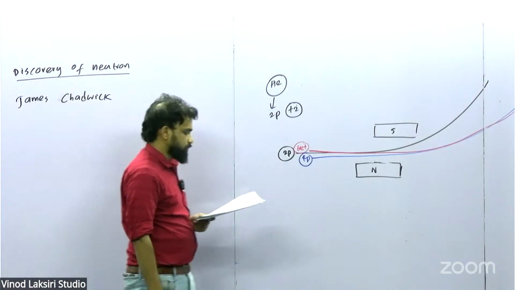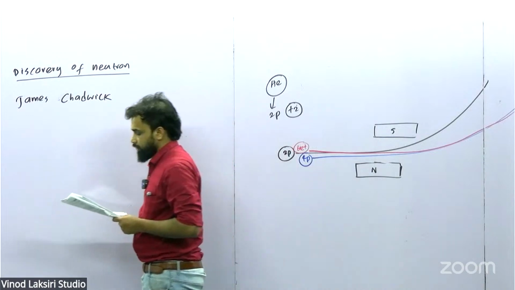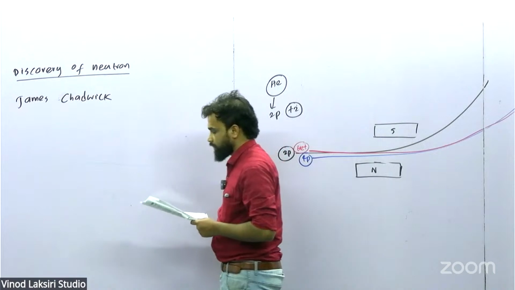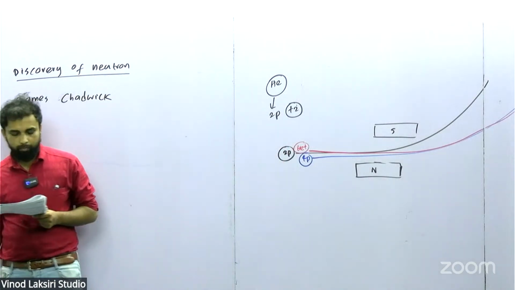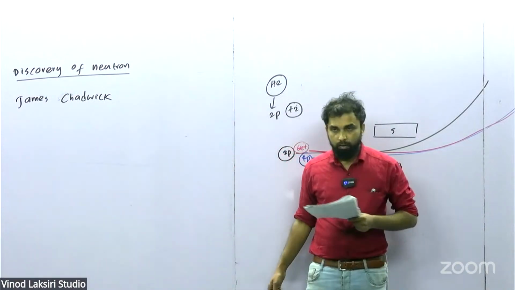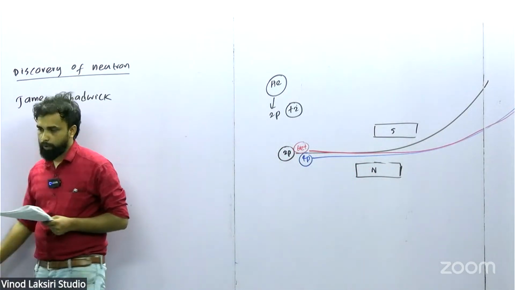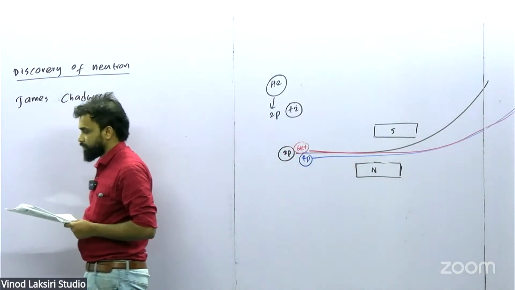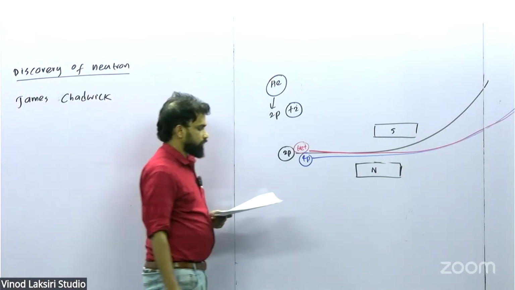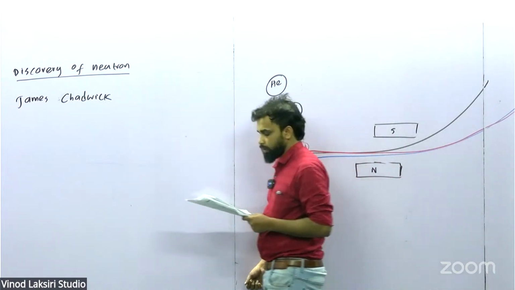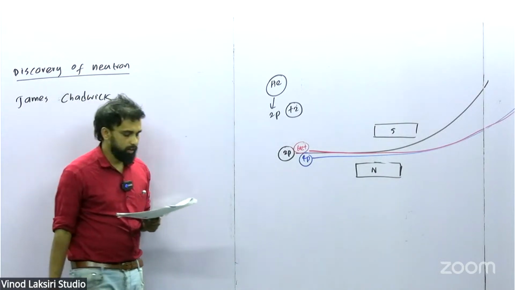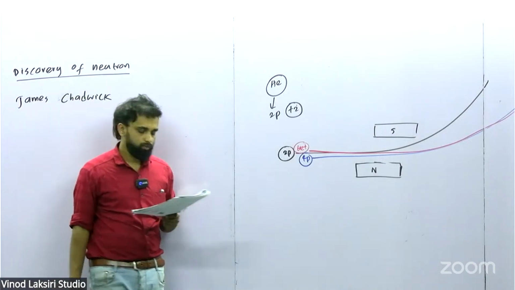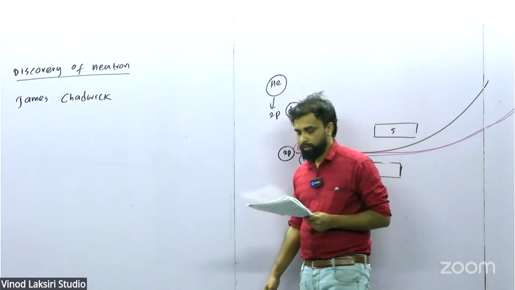They observed that the path of the anode ray produced by helium gas, when it passed through a magnetic field, was equal to the path of a particle having 4 protons.